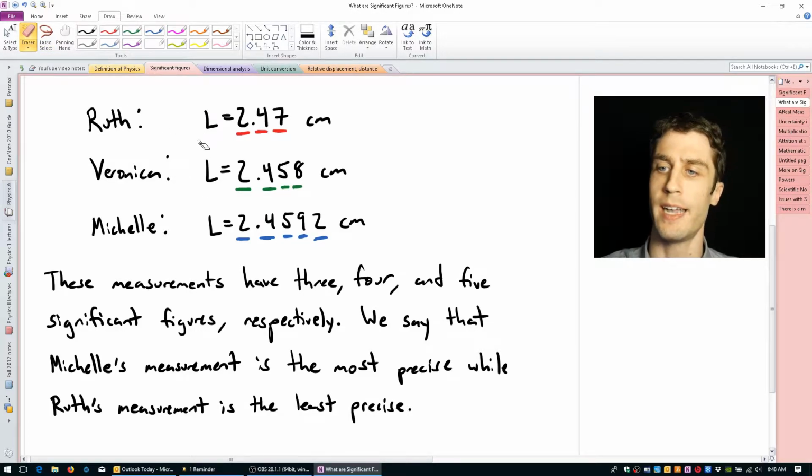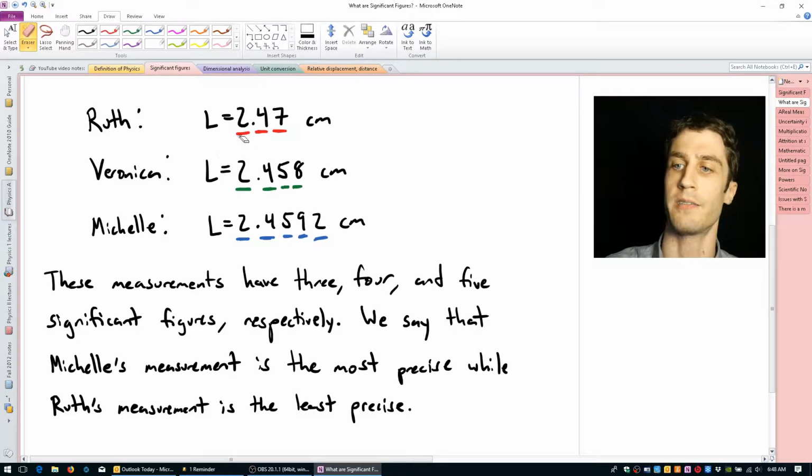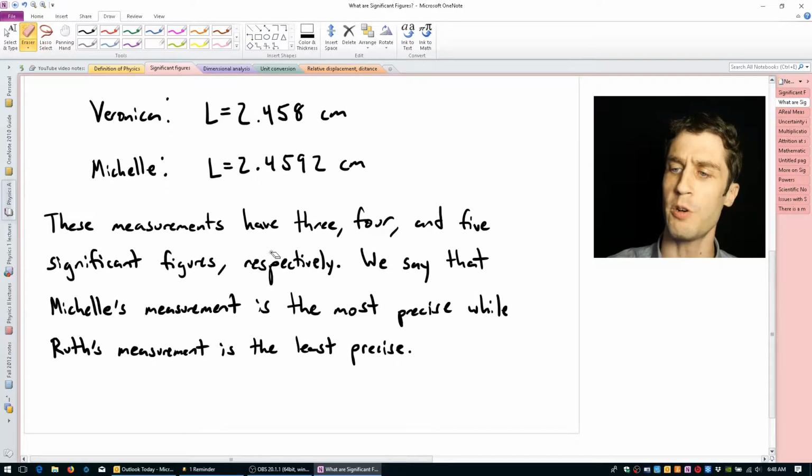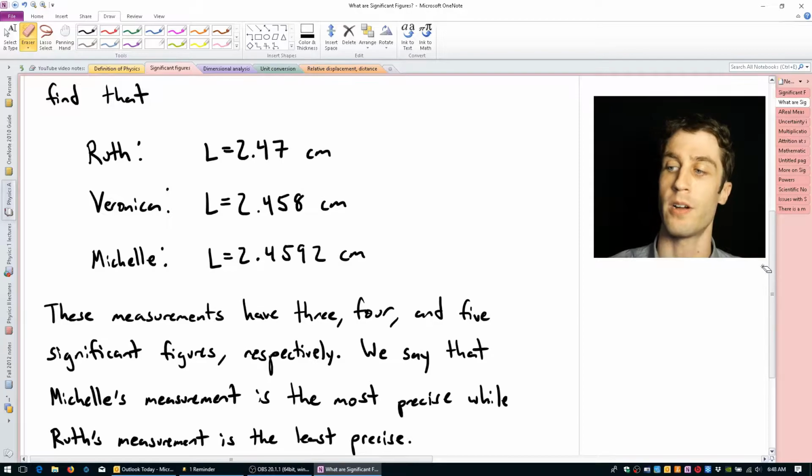Basically, any digit that's not a leading zero counts as a significant figure, although there are some interesting cases around that, and I'll talk about them briefly at some point. Okay, so we say that Michelle's measurement is the most precise, while Ruth's measurement is the least precise. And that's a general fact about micrometers and vernier calipers: a micrometer is the most precise instrument that you can use, and a ruler is a less precise instrument.